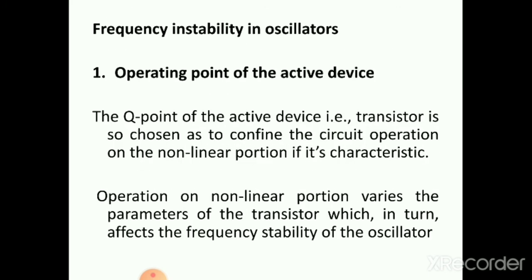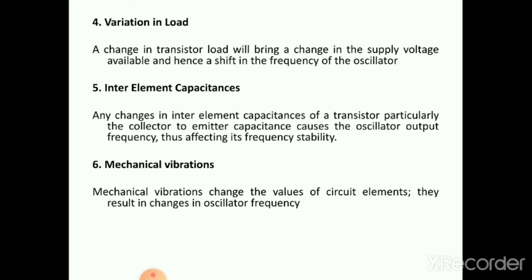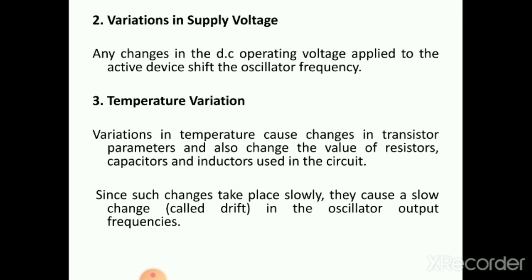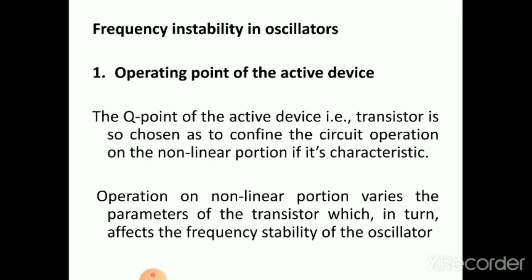So, the frequency instability in oscillators: first, the operating point of the active devices. These points have to be compensated. The Q point of the active device, that is the transistor, is chosen so as to confine the circuit operation to the non-linear portion of its characteristics.